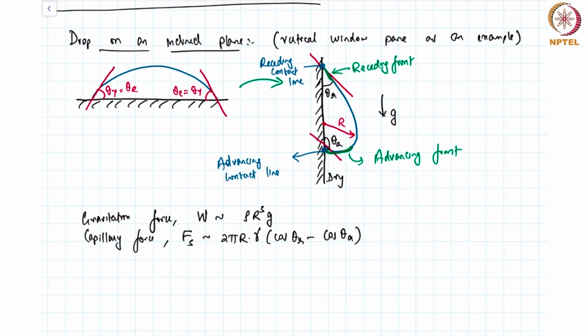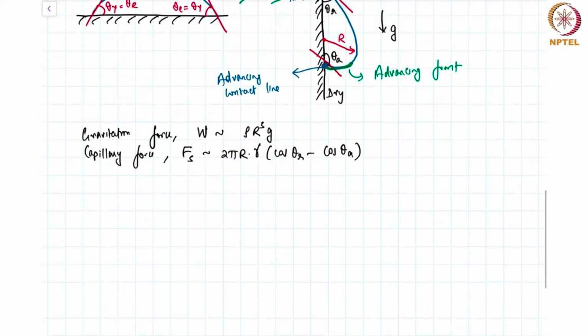Now in this problem, I'm showing a case where theta a is greater than 90. It's typically an obtuse angle. Typically theta a is greater than 90 and theta r is less than 90. That's the most commonly observed situation, right?